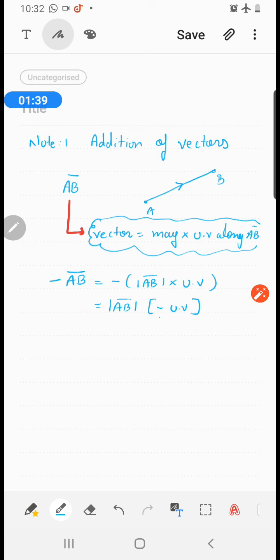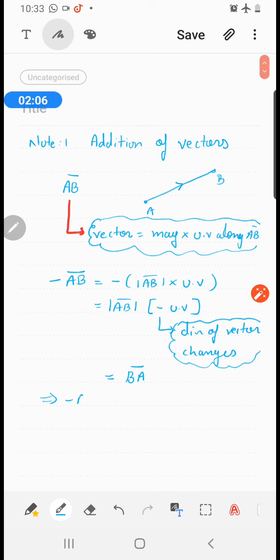And when I say minus, the direction of vector changes. So basically what happens is when we multiply a negative sign to a vector, the direction changes. Initially the direction was from A to B. Obviously now the direction will be from B to A. So in short, can I say minus of AB bar is BA bar?